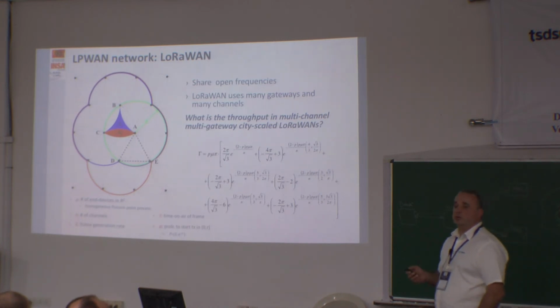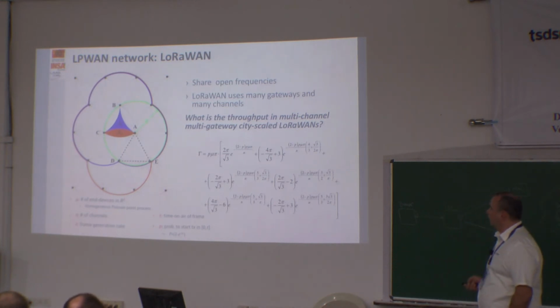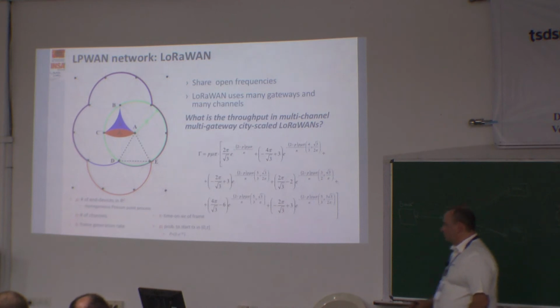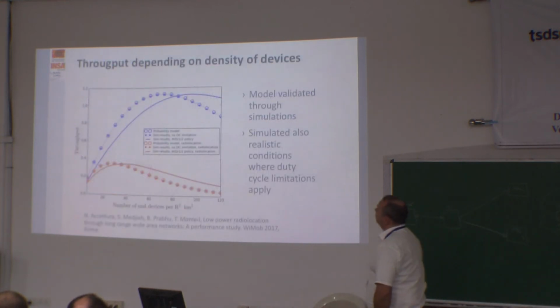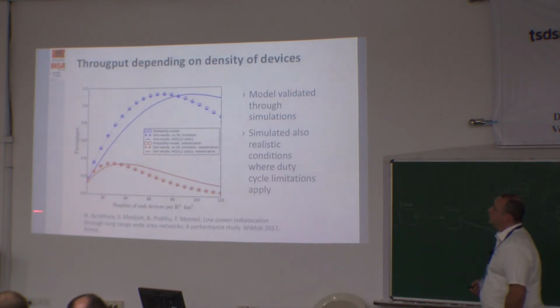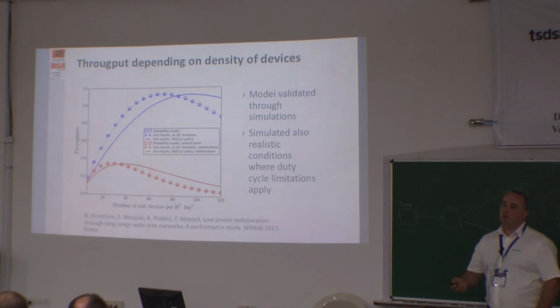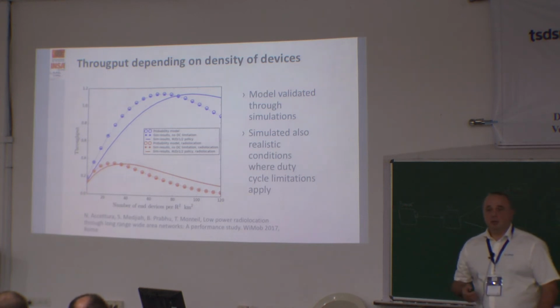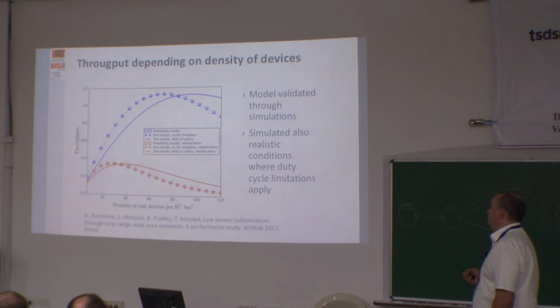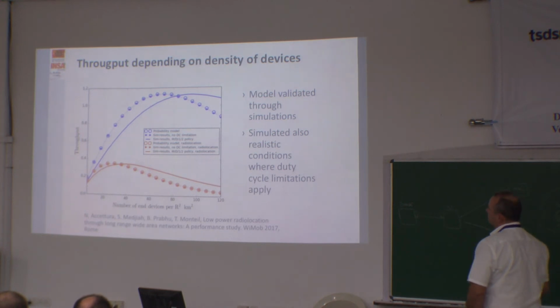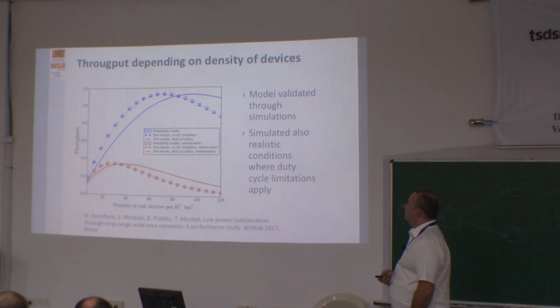It means that we always need to have at least 3 gateways to communicate with. So we prove that if you increase the number of gateways, number of devices and density of devices, we see that the throughput becomes lower because you have a lot of conflict on the frequency, which is natural. And we estimate and simulate these behaviors on devices on LoRa network.